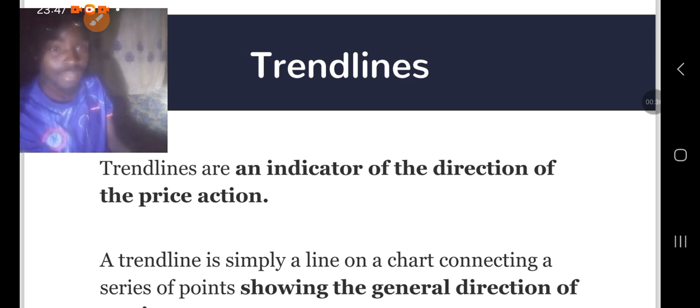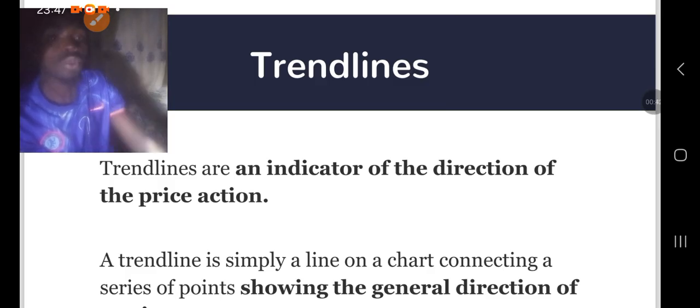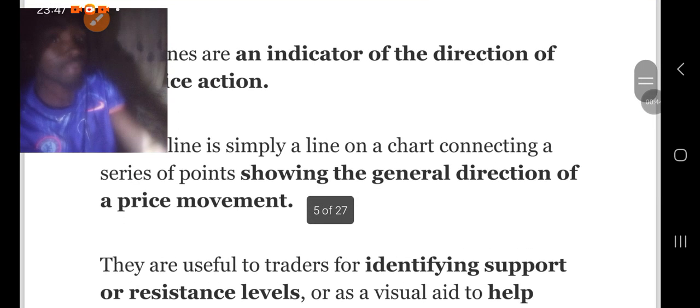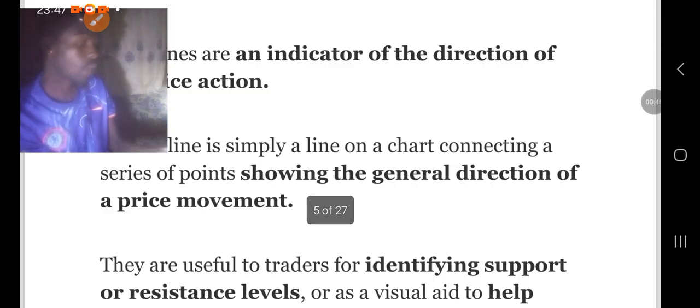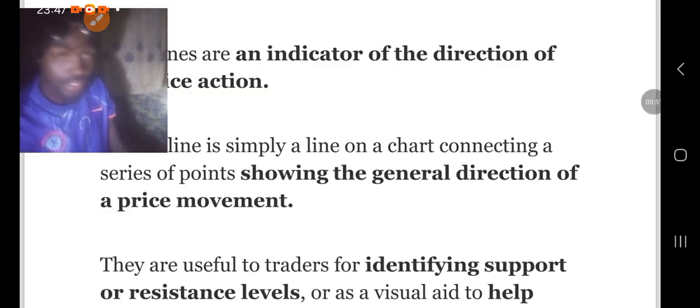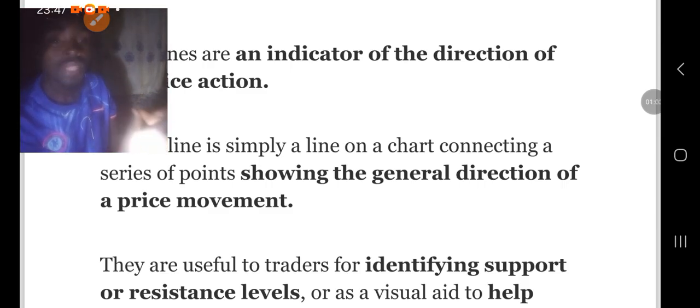A trend line is simply a line on the chart connecting a series of points, showing the general direction of the price movement. When I'm talking about price action, I'm talking about how the price is doing on the chart. How can I know whether the market is moving up or down? The tool that we use at that point is the trend line.